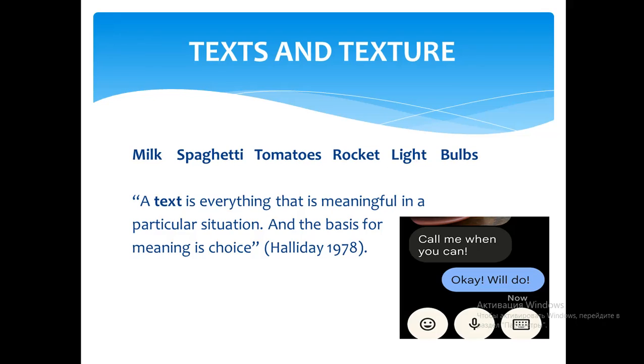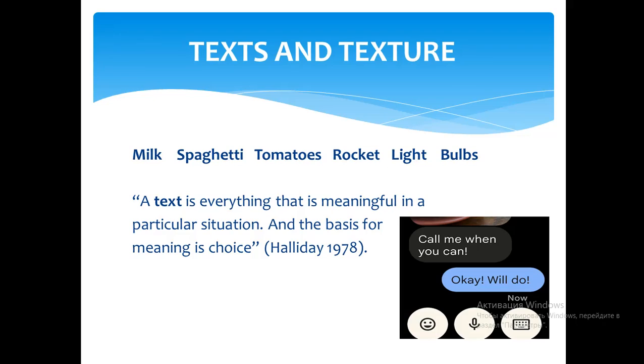This very fact helps to connect them together because you automatically think that they would not have been put together in the same list if they did not have something to do with one another. Another internal thing that holds these words together as a potential text is that they are similar. With the exception of light bulbs, they all belong to the same semantic field, words having to do with food.